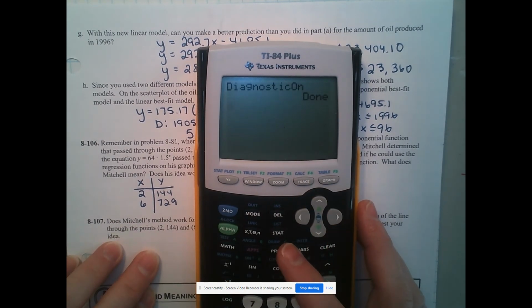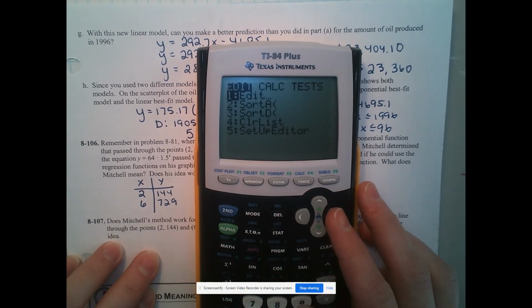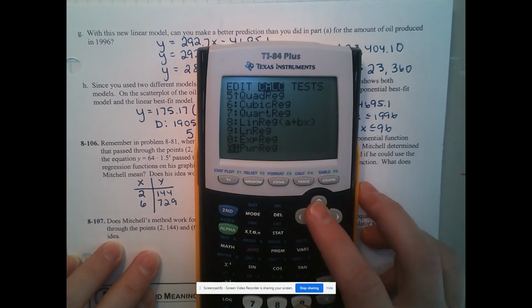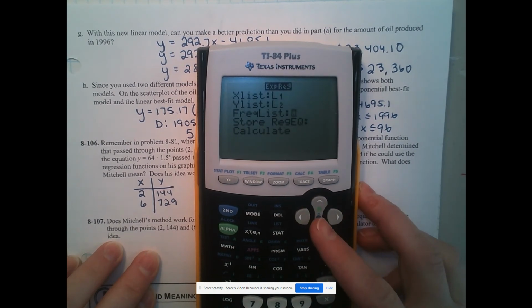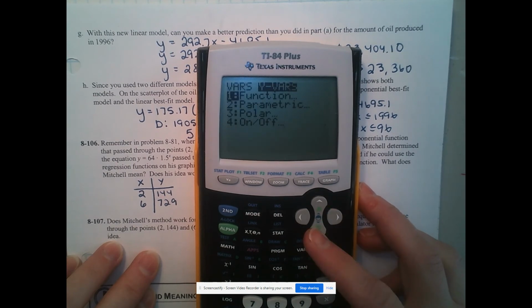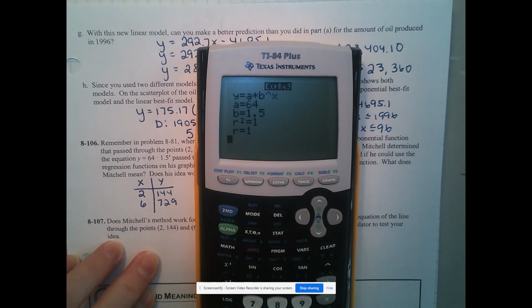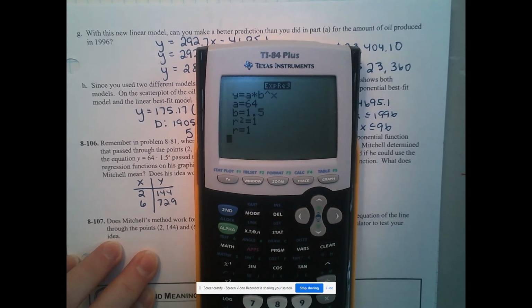So I'm going to stat calc, and I'm going to go down to 0. And I'm going to ask it to store it again in yvar's function y1 and calculate it. And there we go. It gave us the 64 for our A value and our 1.5 for the B value.